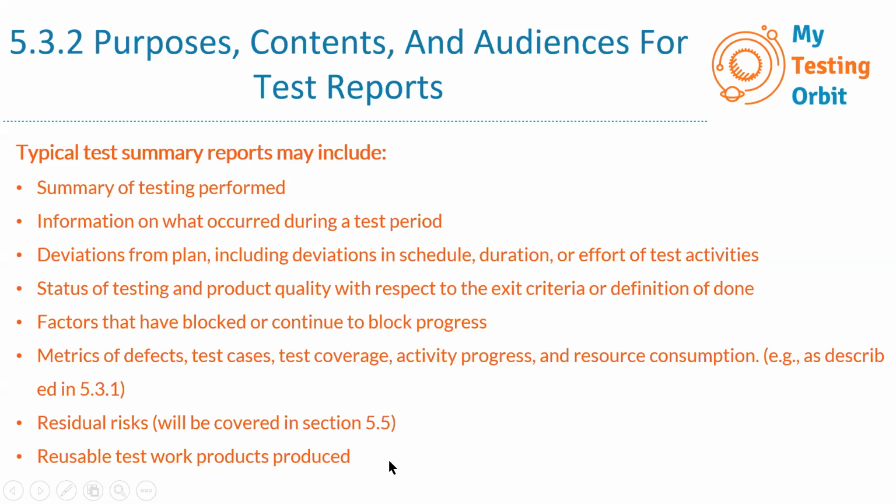Test work products are basically the outputs. So if there are any deliverables which were reused in that project, then that would be part of the test summary report as well.